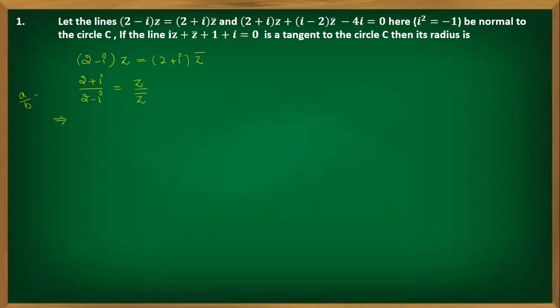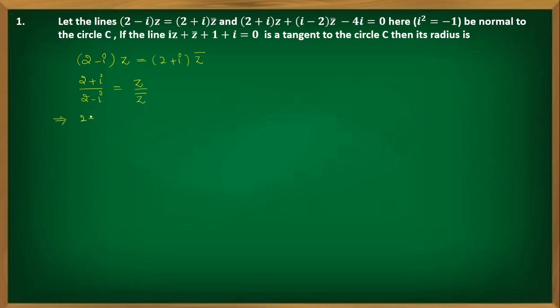If A by B is equal to C by D, then (A plus B) by (A minus B) is equal to (C plus D) by (C minus D). Simply you can say: numerator plus denominator divided by numerator minus denominator on both sides.